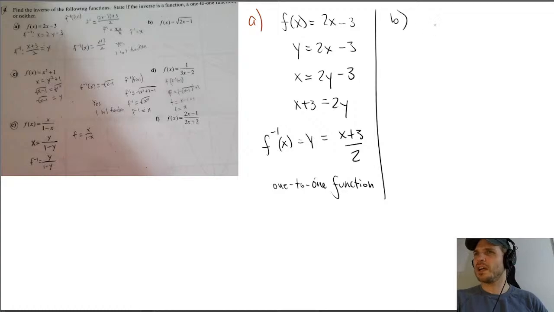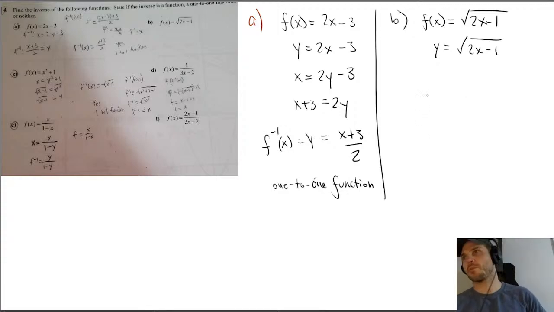So we've got f of x equals root 2x minus 1. I'll just put that as y equals root 2x minus 1. Last time we swapped them first, so this time I'll solve for x and then swap them. So I'm going to square both sides. So y squared equals 2x minus 1.